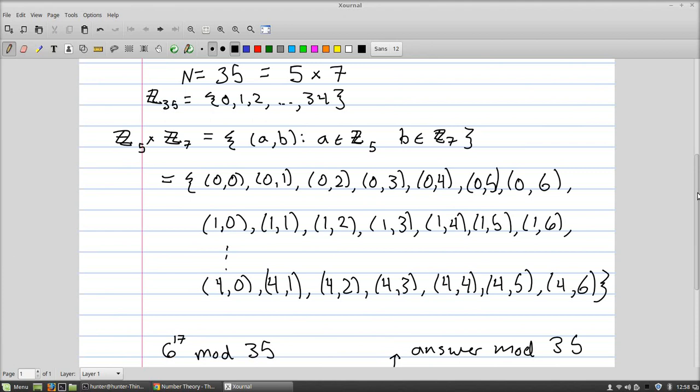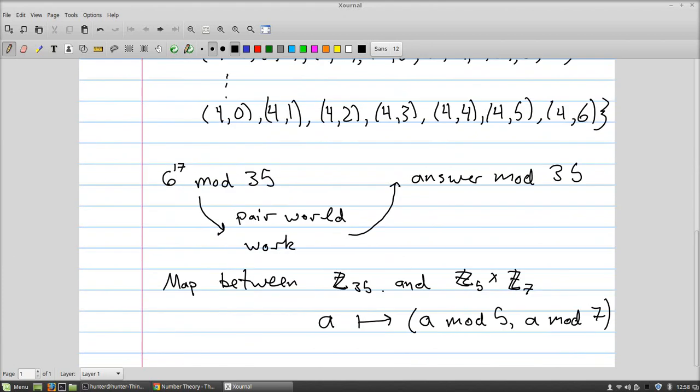This is a one-to-one correspondence, which means that no two numbers from Z35 ever land on the same pair, and also for every pair there is some element here that lands on it, and that requires some argument, which we'll give in a second.